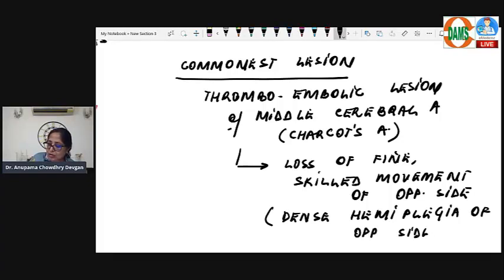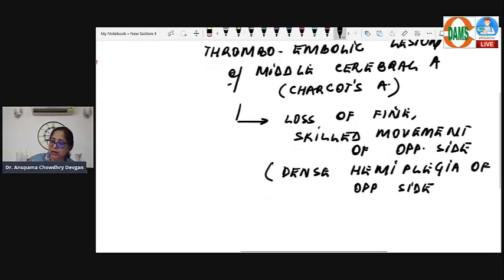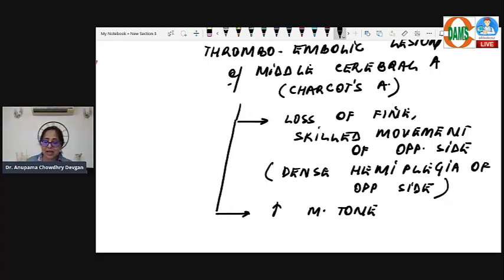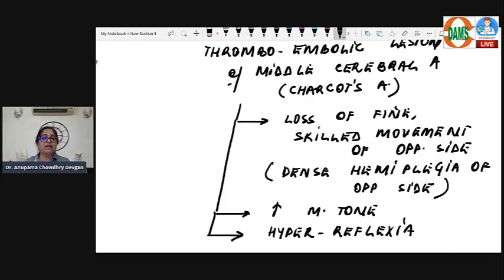What will happen to the tone of the opposite side? There is an increase in the muscle tone. There is also hyperreflexia. Reflexes are going to be exaggerated on the affected side. There is an increase in muscle tone and hyperreflexia on the affected side.